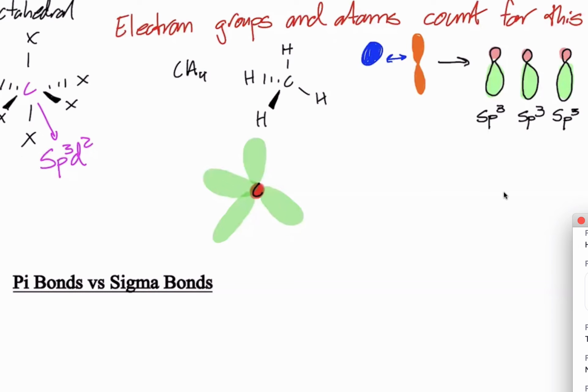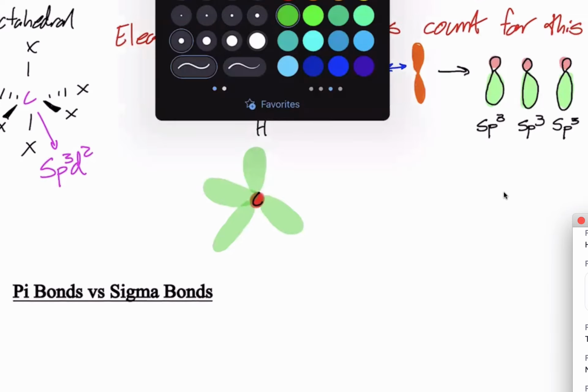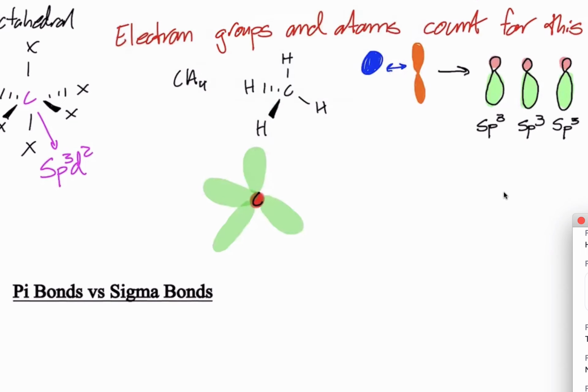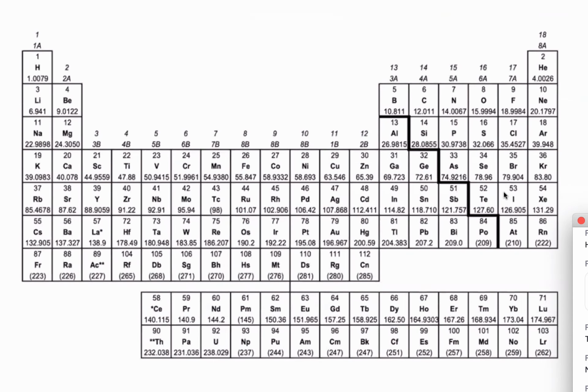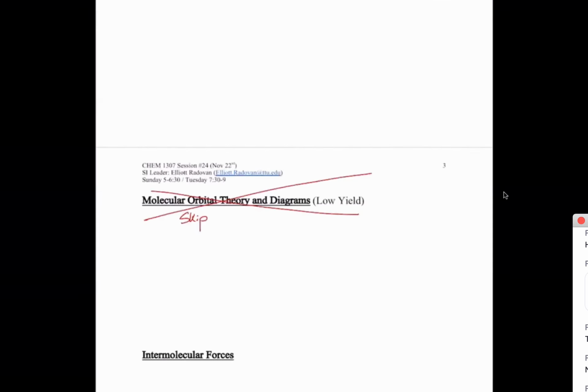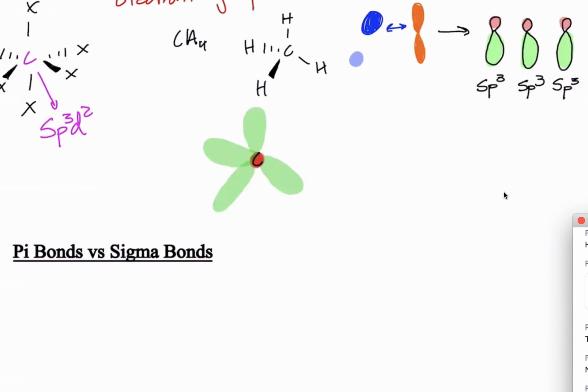And so now it's going to bond with the 1s orbitals of the hydrogens. Whatever the valence orbital of the outer electrons is, that does not hybridize, that just bonds with the hybridized orbital. Okay, so if we represent just the s orbital as that blue, with hydrogen, if we look at hydrogen on the periodic table, all it has is a 1s orbital, okay? And so we know covalent bonding is an overlap of orbitals, a sharing of electrons.